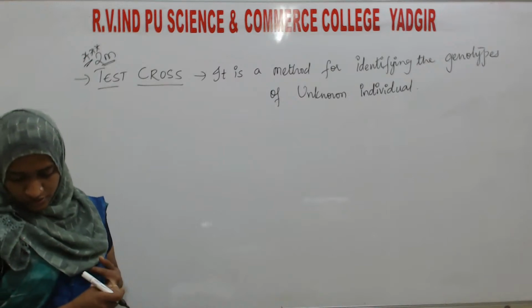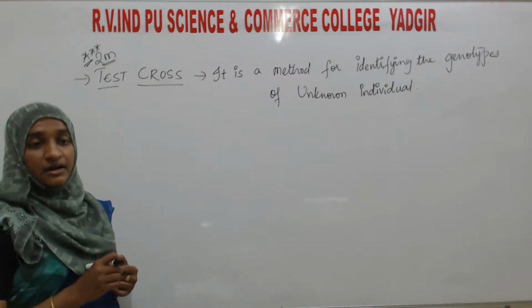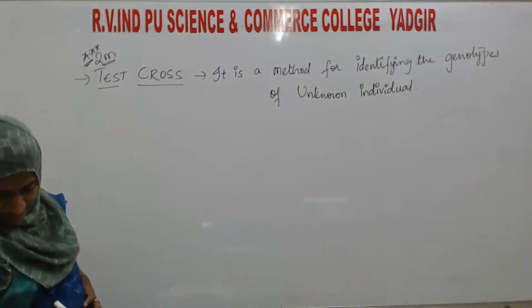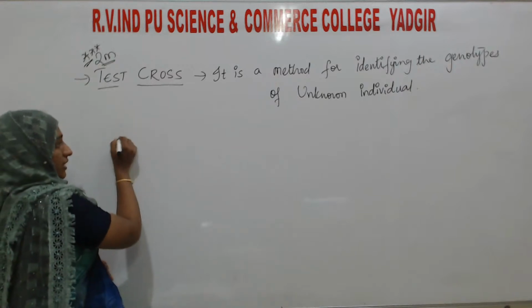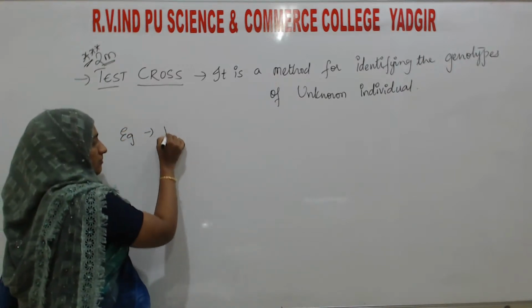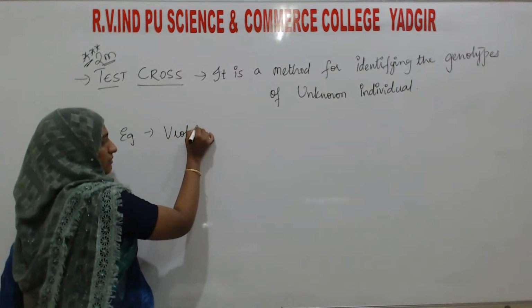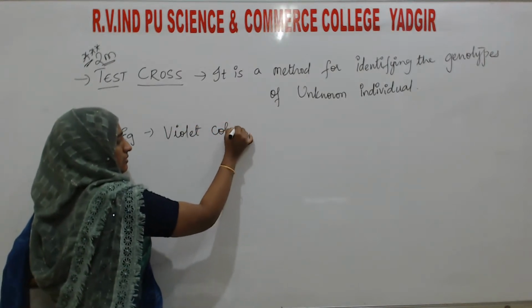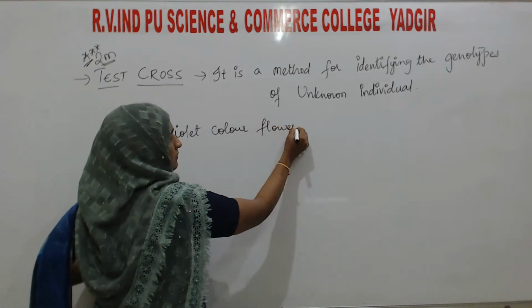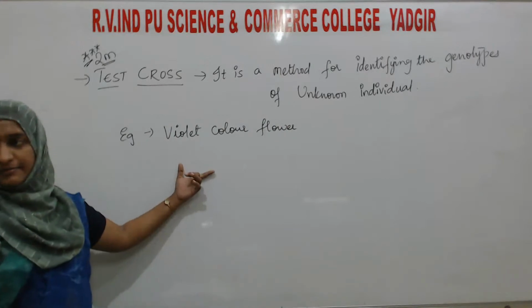So Mendel showed this by taking a flower of pea plant. One flower is a violet color flower, which is a dominant character.